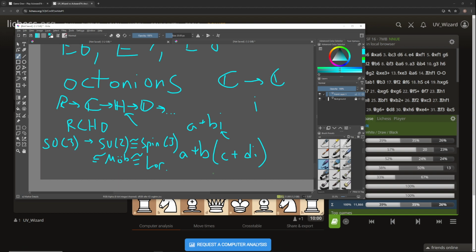Many people think that. But it's a whole other level of complexity above this stuff. Like, if you think Mobius transformations are complicated, octonions are like an order of magnitude more complicated. Maybe, right? It's a level above.